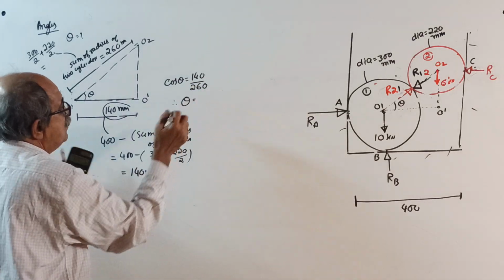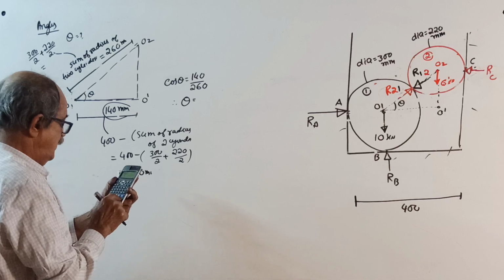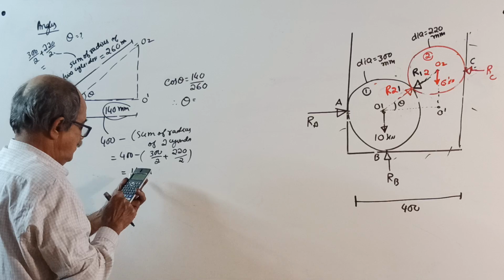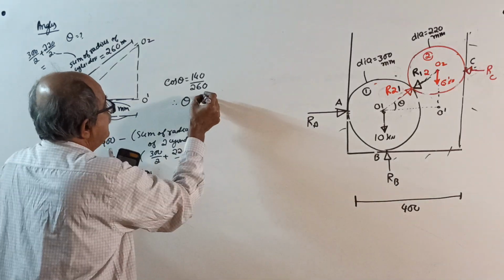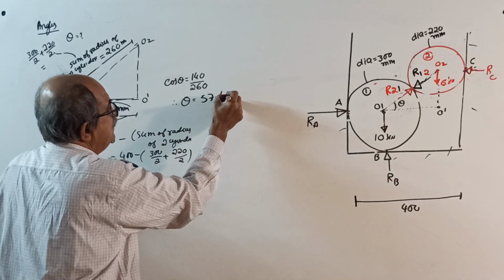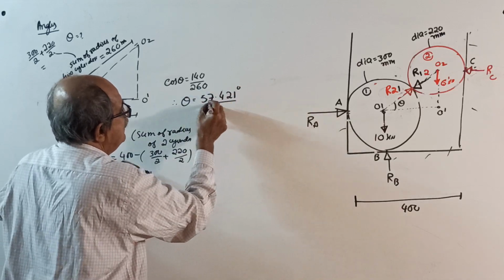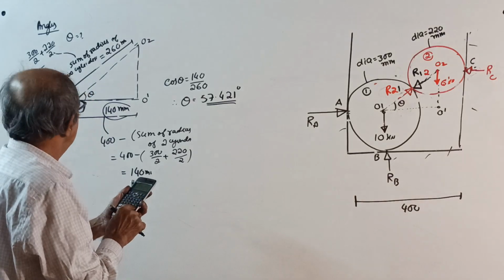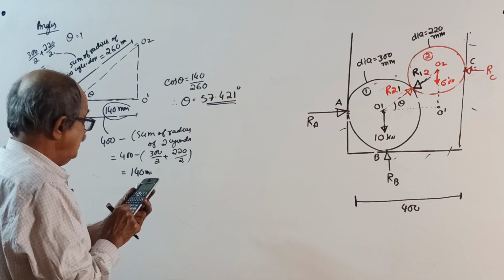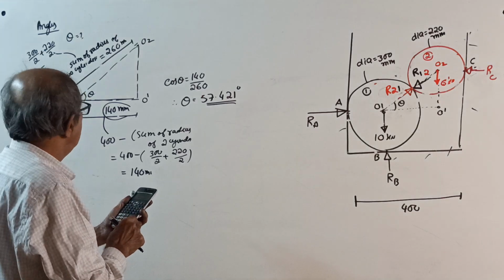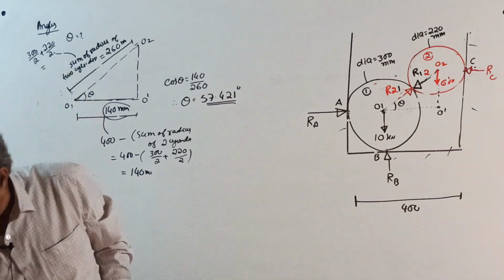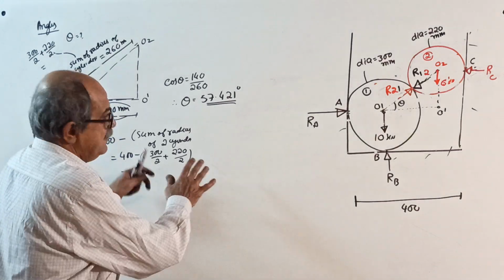Therefore, theta equals shift cos inverse of 140 divided by 260, which is 57.421 degrees. Accurate, 57.421. Cos 57.421 is 0.53, then into 260 is 140. Correct. Now everything is over.